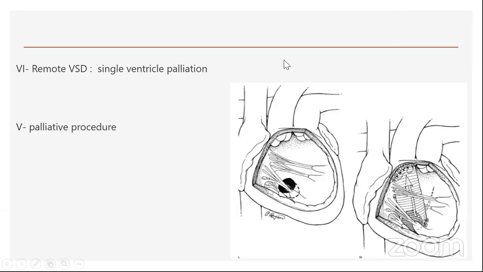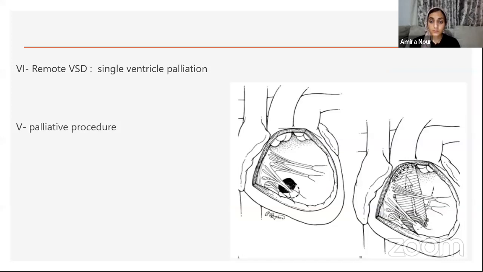So in some patients, assuming that the VSD is not really remote, but it's a relatively long tunnel. So let's assume a patient who has a double outlet right ventricle with a subaortic VSD, but the tunnel will be relatively long.